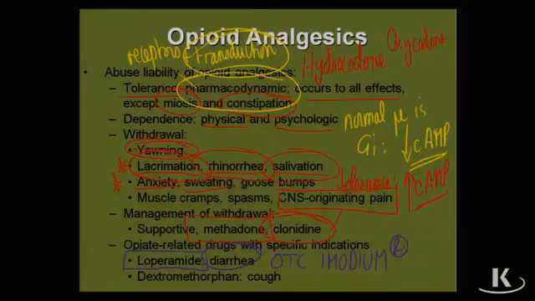And as you look at loperamide, an important point about it is that it is not absorbed and does not share any of the other opiate pharmacology. So it's an analog that is purely used for its constipating effect. By the same token, the drug dextromethorphan is also used over the counter, but purely as a cough suppressant.